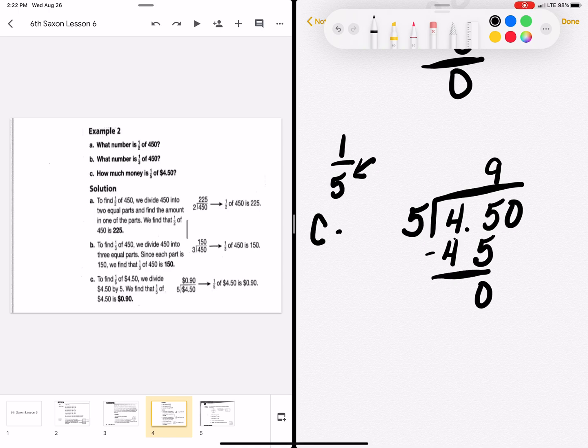Subtract, and there is 0 left over. Put this decimal right on top in your answer. Bring down a 0. How many 5's are in 0? 0 times 5 is 0. Subtract, and you have no remainder. So 1/5 of $4.50 is 90 cents.